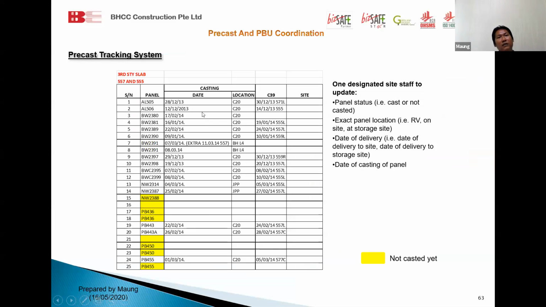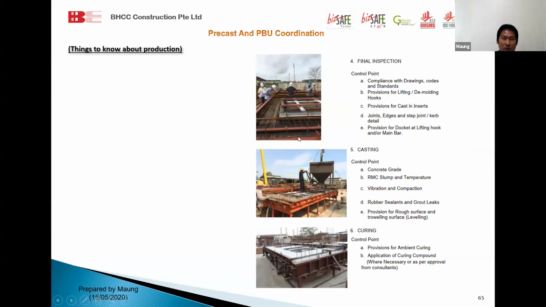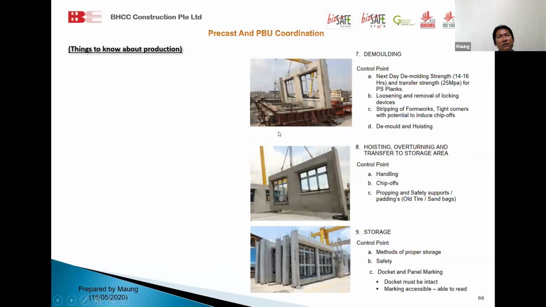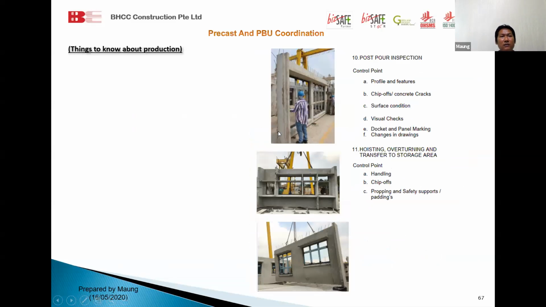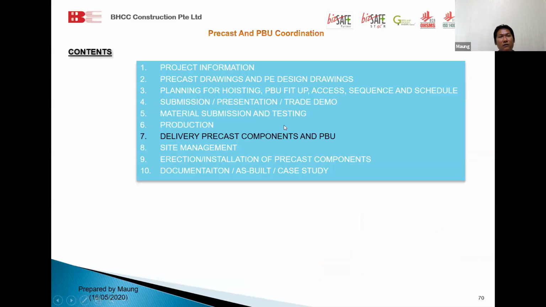Then you need to trace the precast, whether the precast component is casted, delivered or installed. These are the things you need to know during the production time. I will not go through all the details, you just read through later. This is for your info.